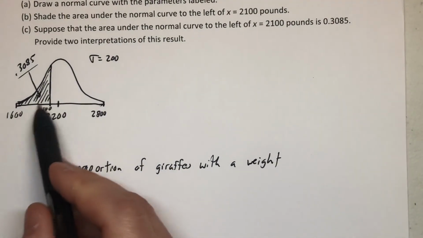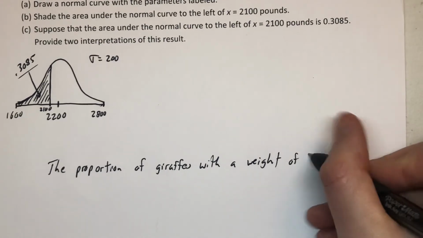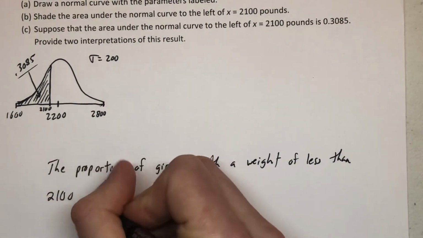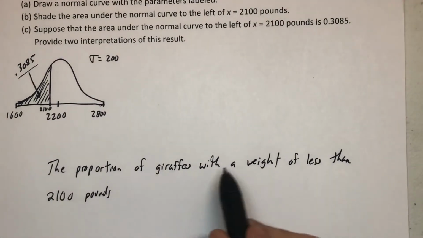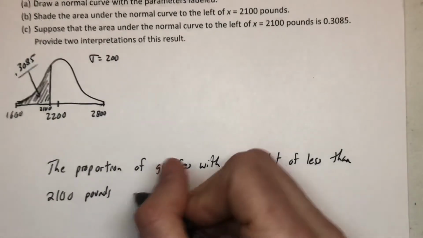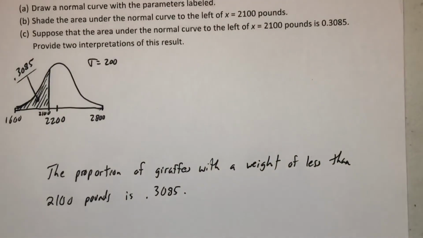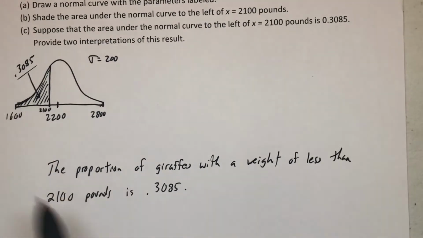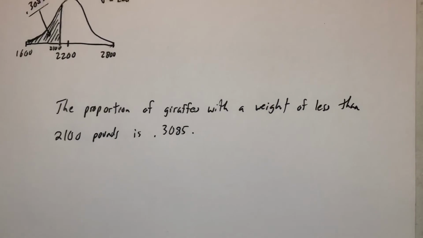And if our area was everything shaded left of 2,100, then we're saying a weight of less than 2,100 pounds, right? So the proportion of giraffes with a weight of less than 2,100 pounds is 0.3085. That information is telling us that that's the proportion of the population that has a weight that fits in that interval. So there's our proportion interpretation.